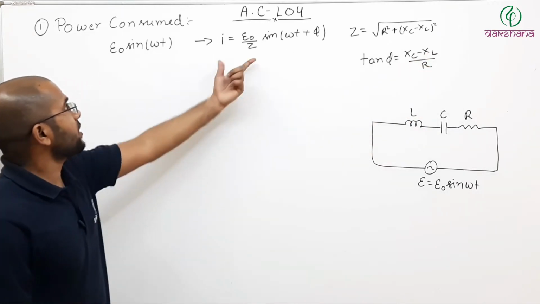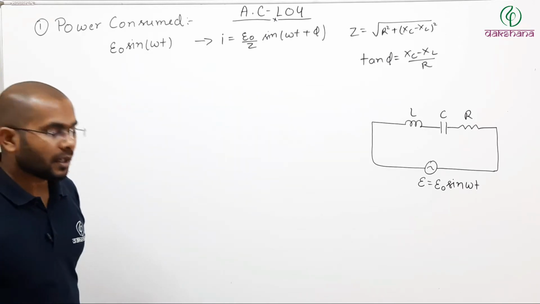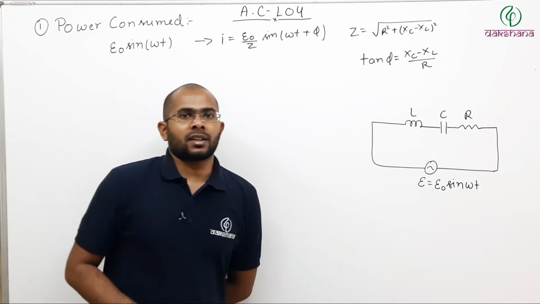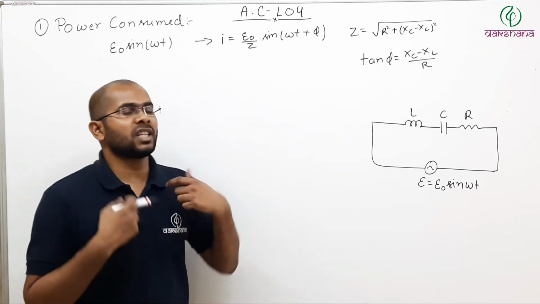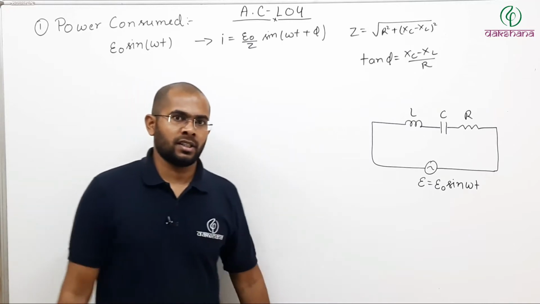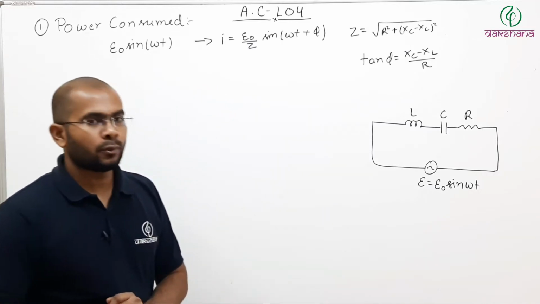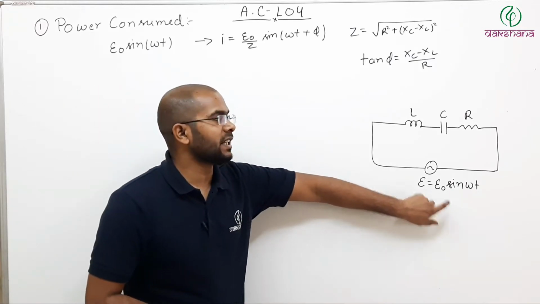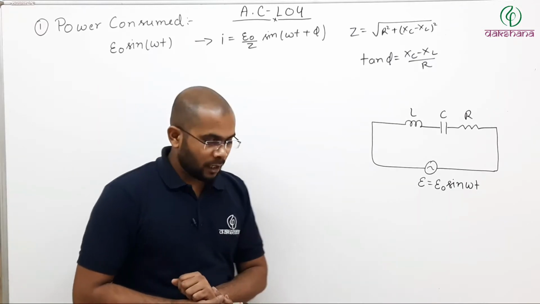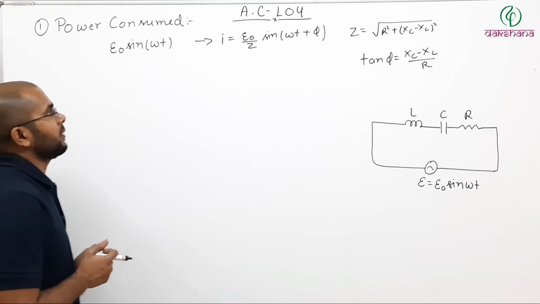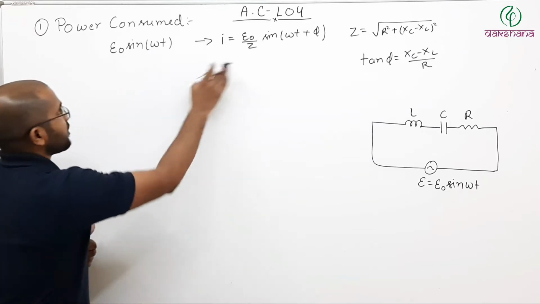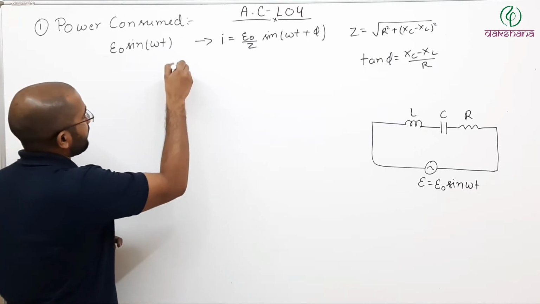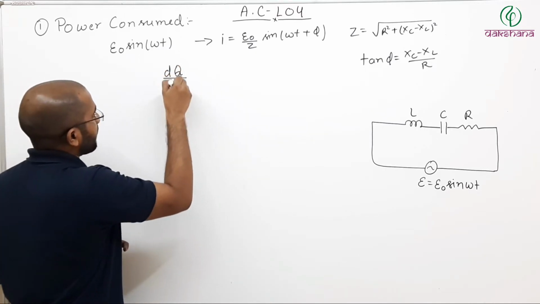Now, if this is the current and this is the EMF, what is power? If I want to know the power consumed in this circuit, the heat generated, the energy lost, I will have to find out how much work is being done by the battery. Current is the rate of flow of charge, dq by dt.